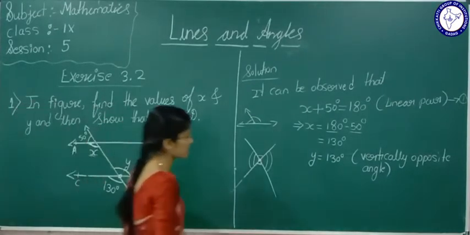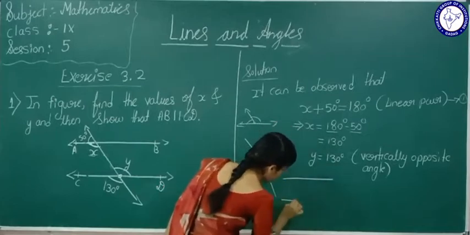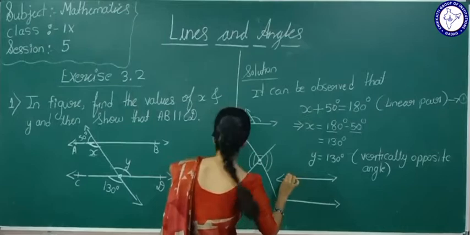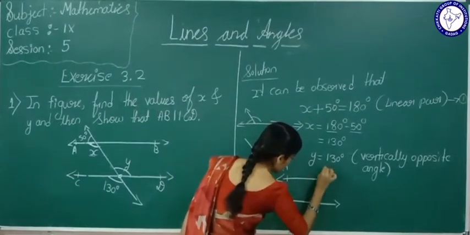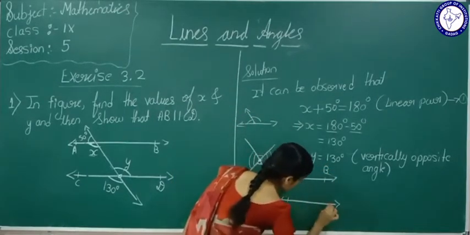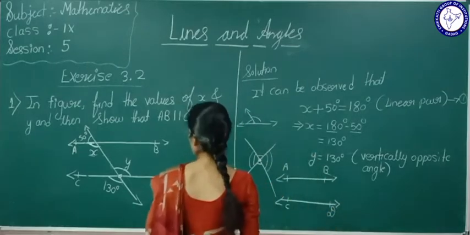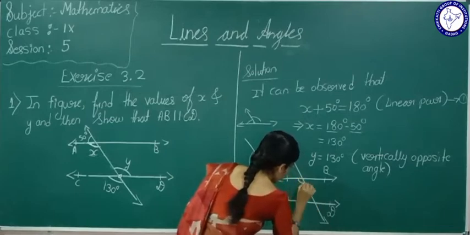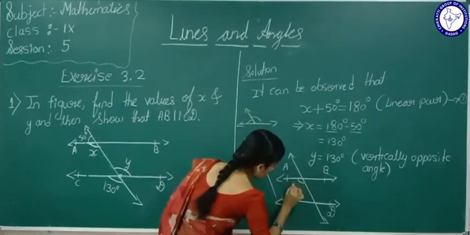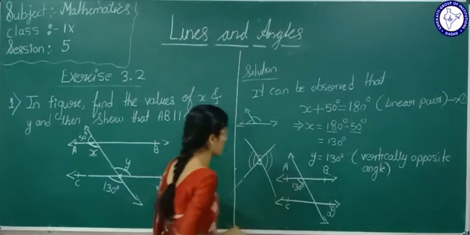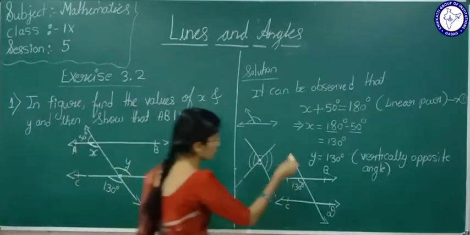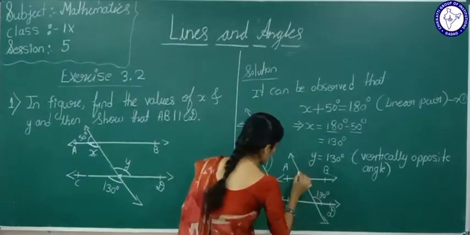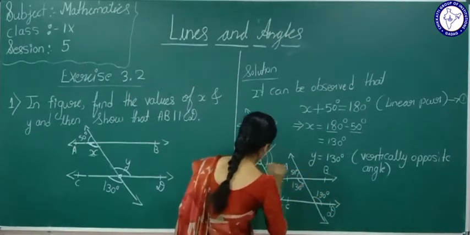Now I will draw the figure separately. Whatever figure they have given, I will draw it once more. So what x value did we get? 130 degrees. The y value we got is 130 degrees. Here they have given 50 degrees.